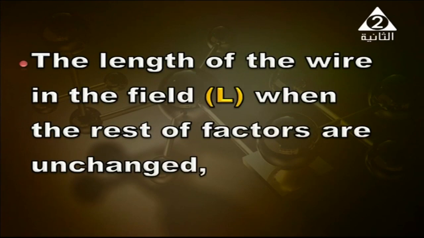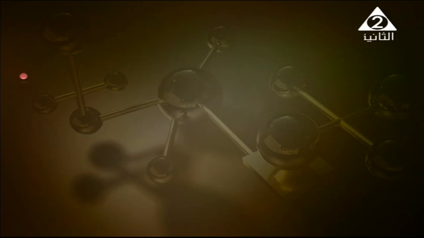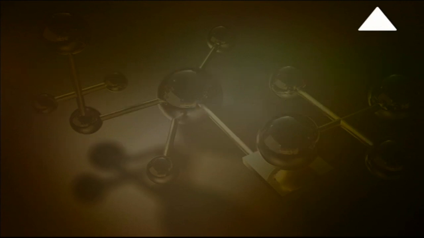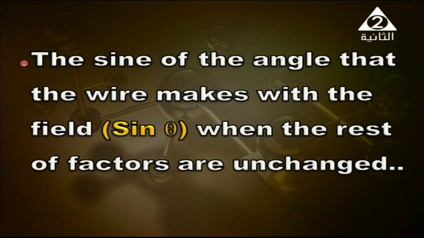The length of the wire also, and the strength of the magnetic field which exerts the force, when the rest of the factors are unchanged. Also, the angle between the wire and the field affects the force. Actually, the force depends on the sine of the angle that the wire makes with the field, sine theta, when the rest of the factors are kept unchanged.